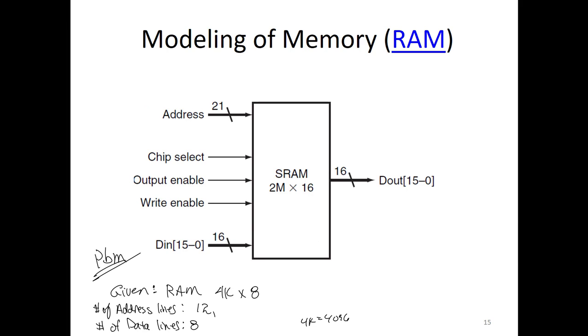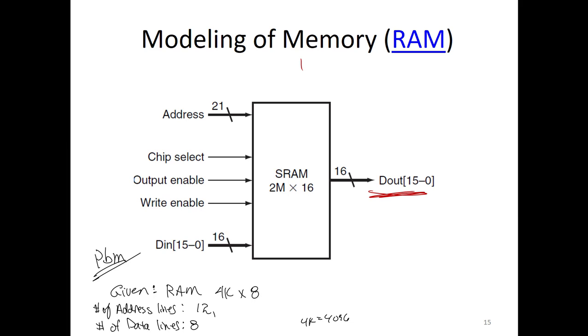And so that memory is modeled in your textbook in this way, where in this case we have 21 address lines. And so 21 address lines, if you think about it, 2 to the 21, corresponds to the number of words. That's 2 to the 21 words. And each one of those words is 16 bits in length.